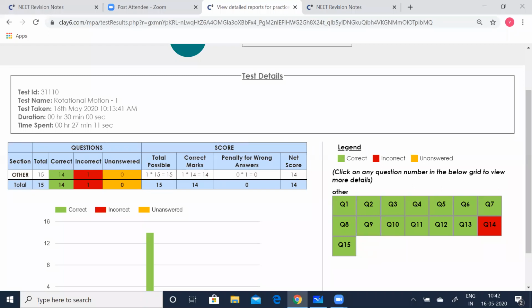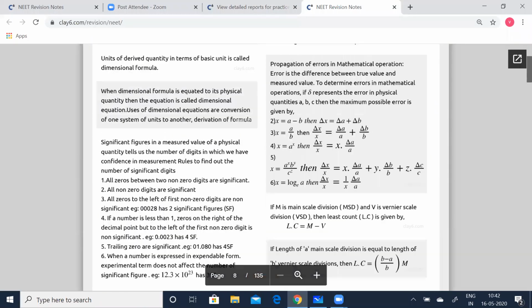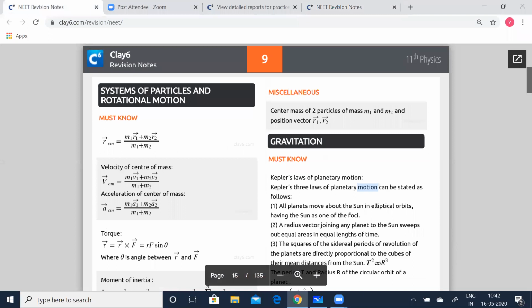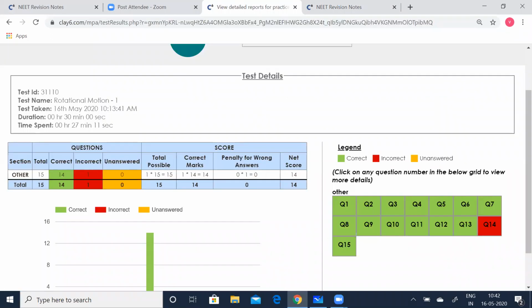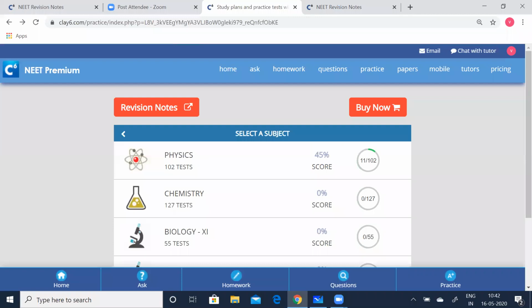You can make yourself thorough of the concepts with the NEET syllabus, all the NEET questions, and all the concepts are given. You can take the tests many number of times. Likewise, you can go for all the concepts related to physics, chemistry, or biology, and then make yourself thorough.